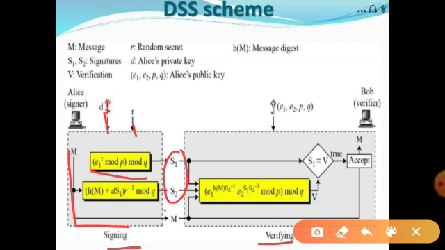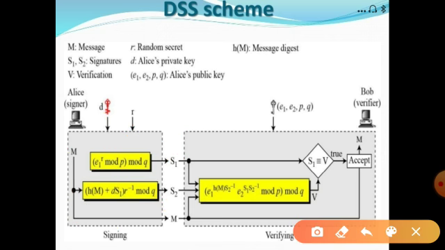In the previous one, s1 is a digest of the hash function. Here it is not a digest, it's a value only, that is e1 power r mod p and mod q. By using this formula we calculate s1, and by using another formula we calculate the s2 value.